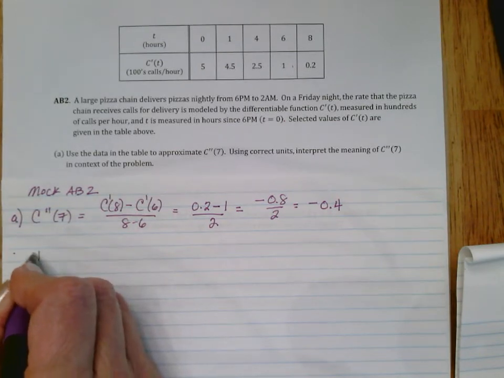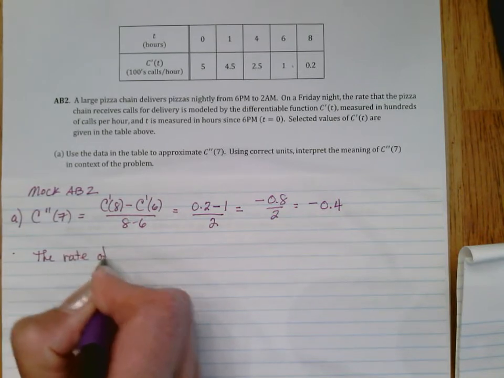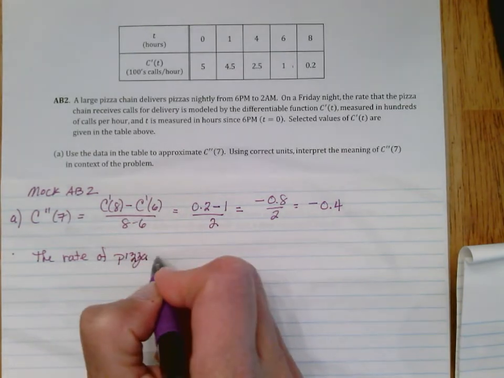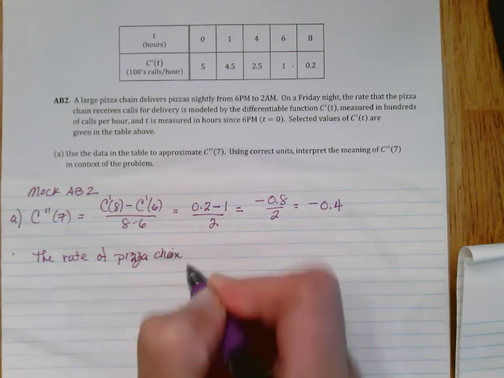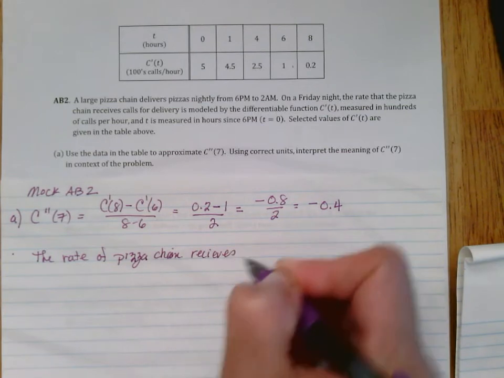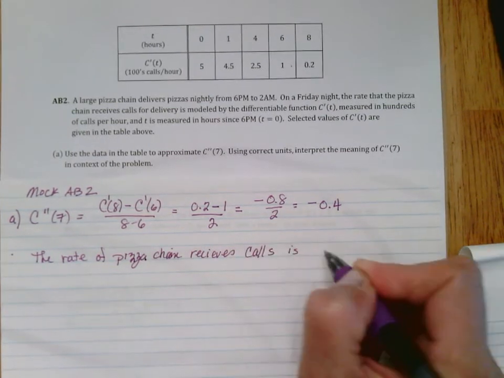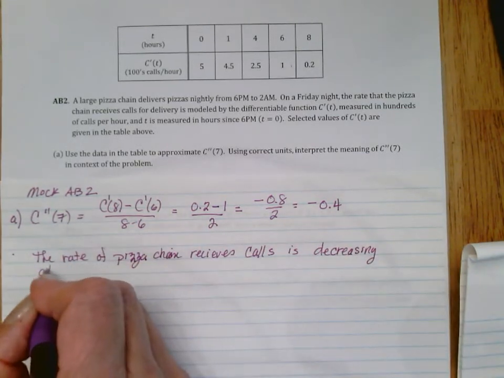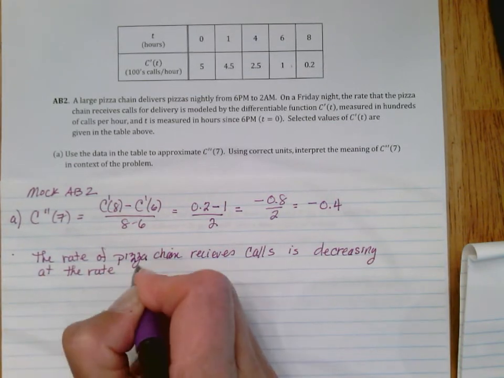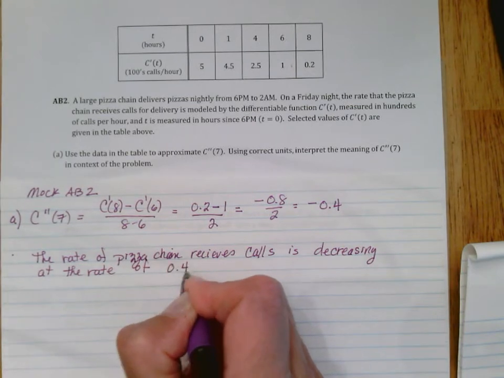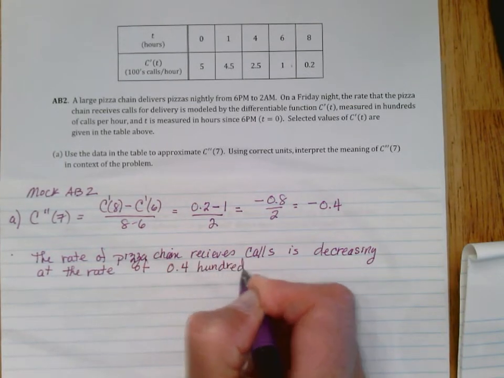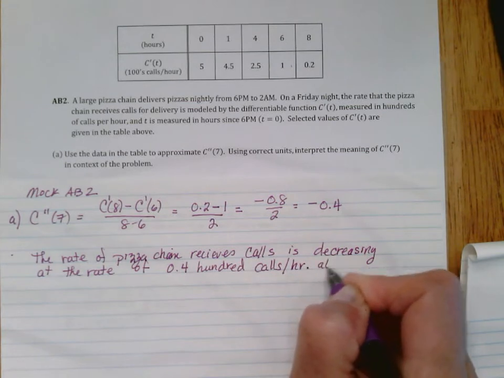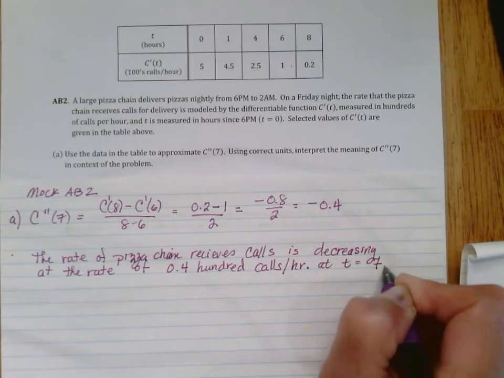So this means the rate the pizza chain receives calls is decreasing because you've got a negative slope at the rate of 0.4 hundred calls per hour at time is 7.